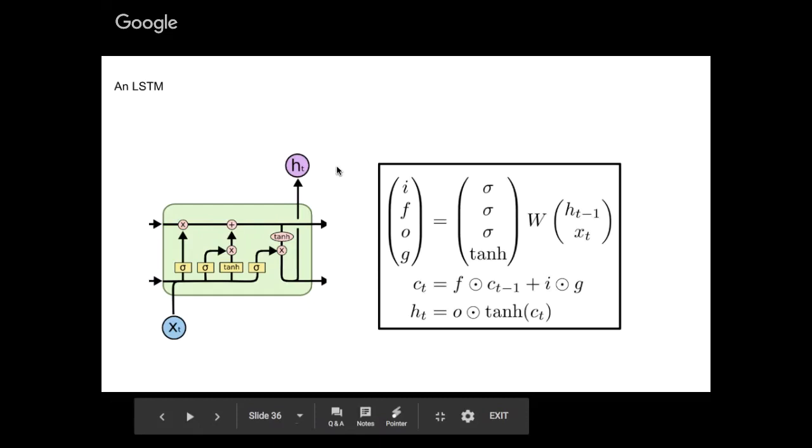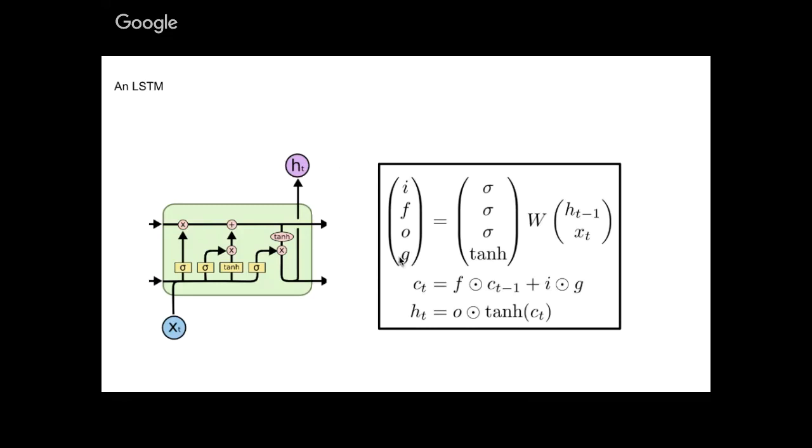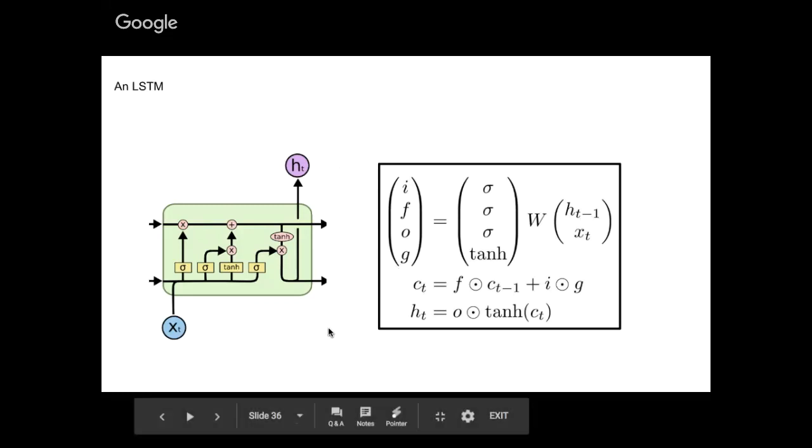So you have the forget gate. In CS231 it's called the gate, but actually it's not the gate, it's the selection gate. And this is the input and this is the output.